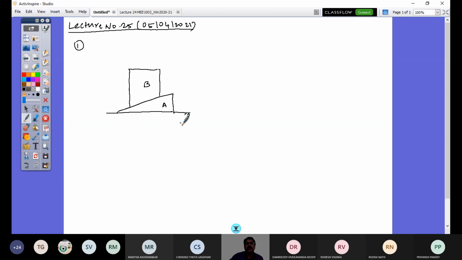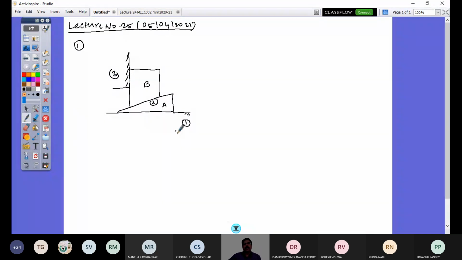This is surface 1, and this contact is surface 2. Then surface 3 is here, rubbing against the vertical wall. This is the surface 3 contact.